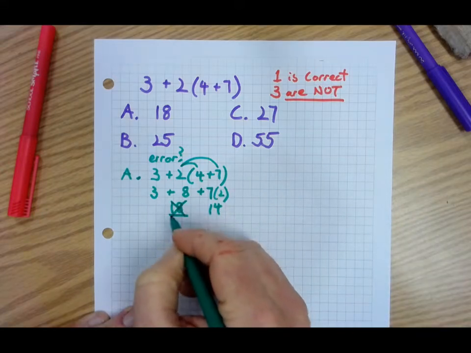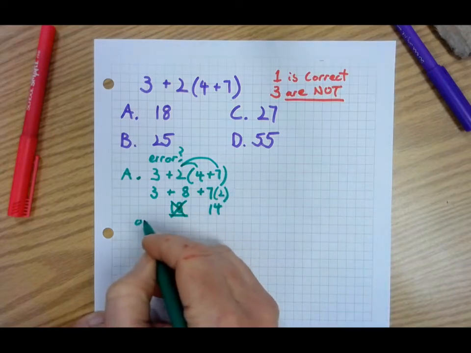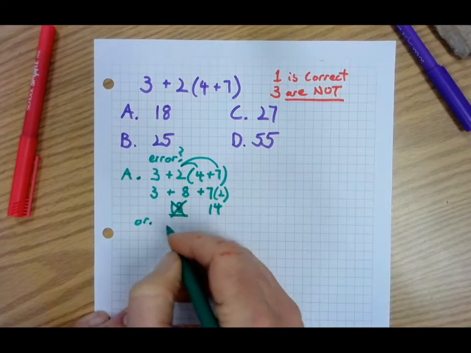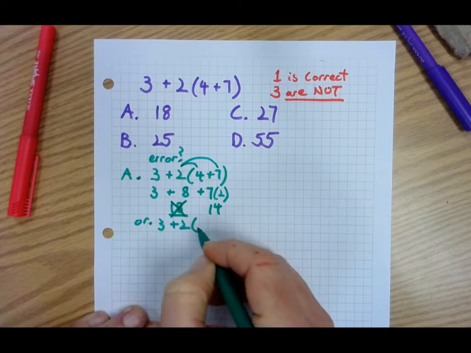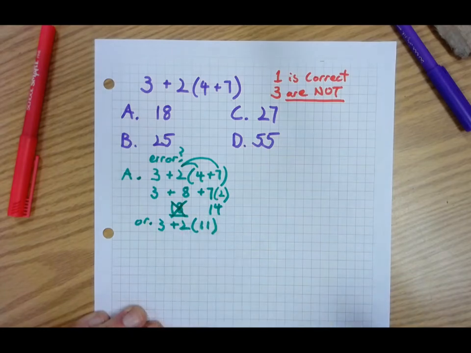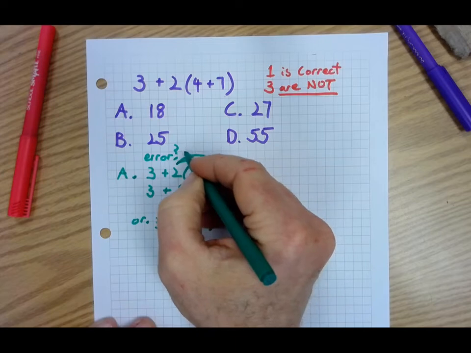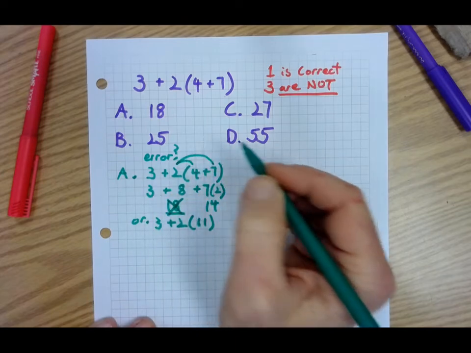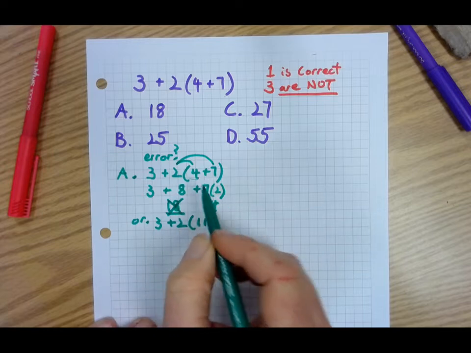Or you could add the 11 inside the parentheses and then multiply it by 2. Okay, so the error here is it's really the order of operations, not dealing with the parentheses first, but seeing this multiplication. So we'll call that distribution error.